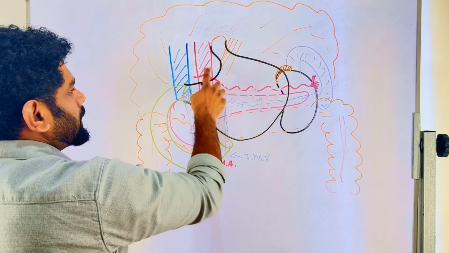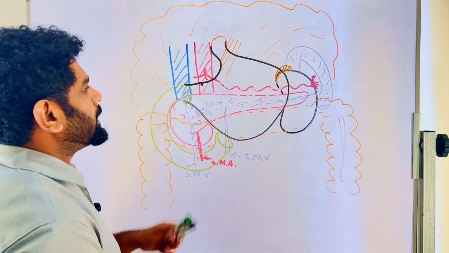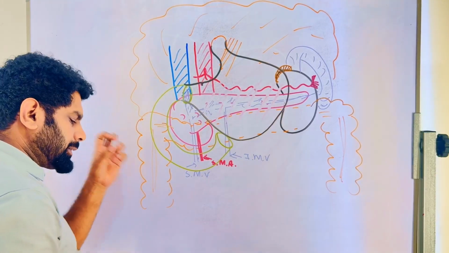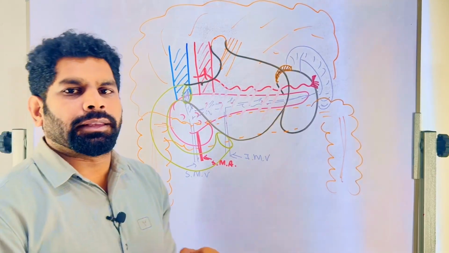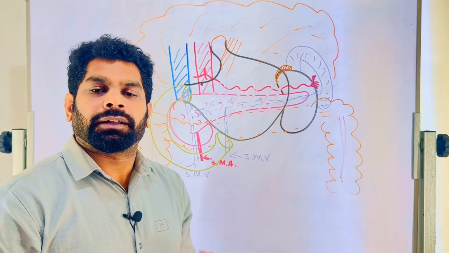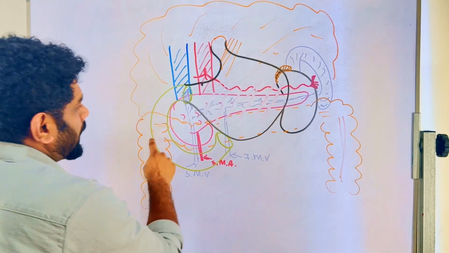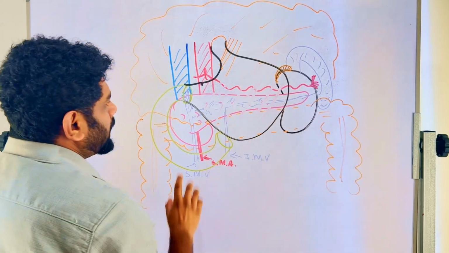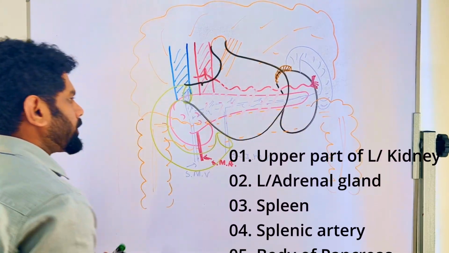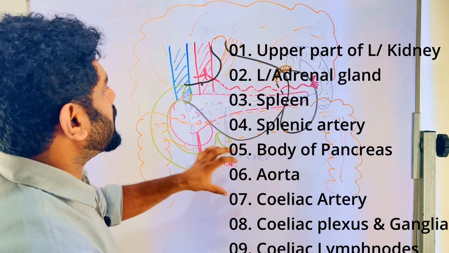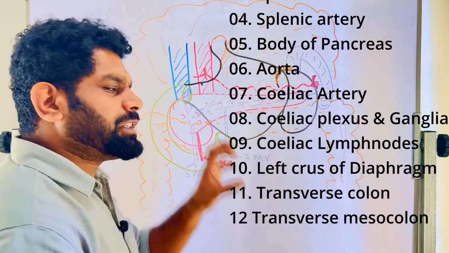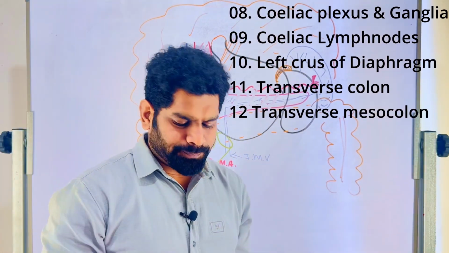Here we have the aorta and the celiac artery. Around the celiac artery there will be the celiac plexus, celiac ganglia and the celiac lymph nodes as well. And there will be the transverse colon and the transverse mesocolon. So these are the structures which are posterior to the stomach, which make the stomach bed.